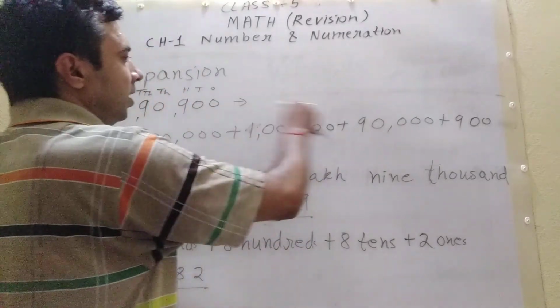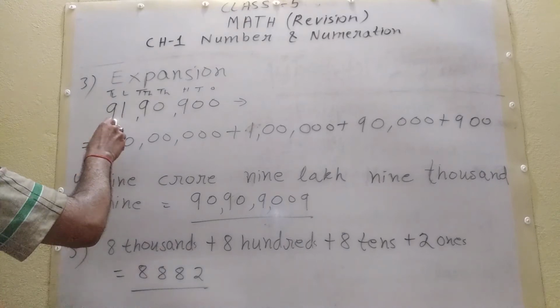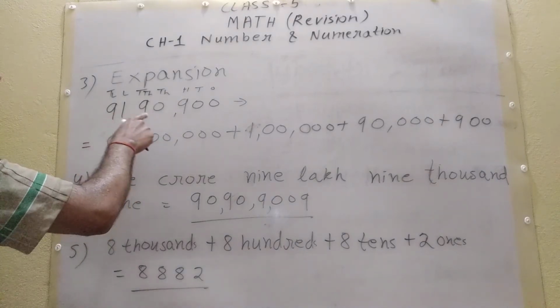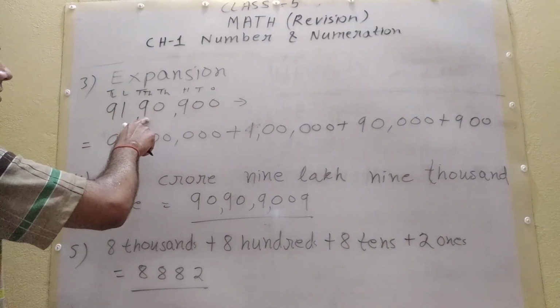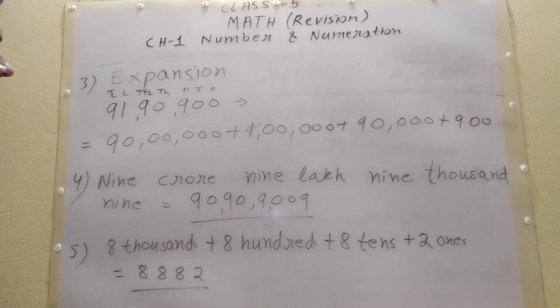So write 9 here and then 0s in this manner. This 9, rest of the digits 0, this 1, rest of the digits 0, then this 9, rest of the digits 0, then this 9, 0 0.